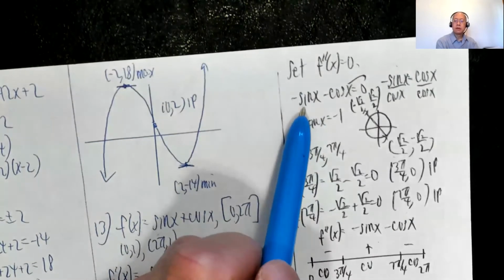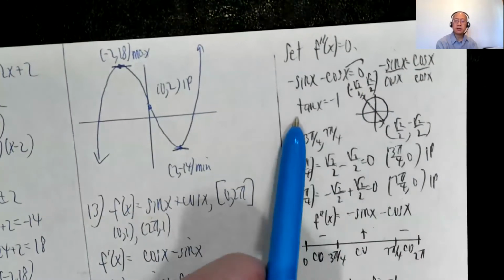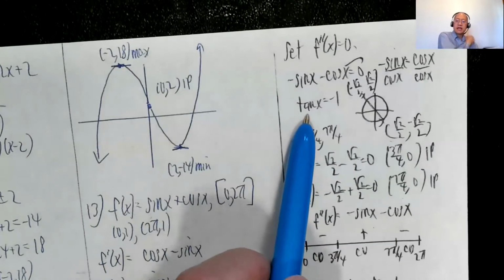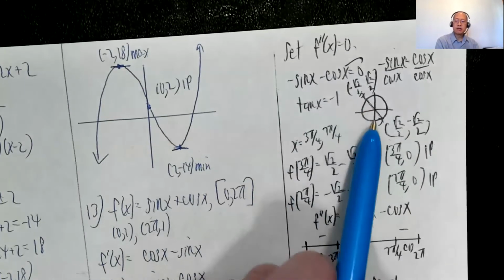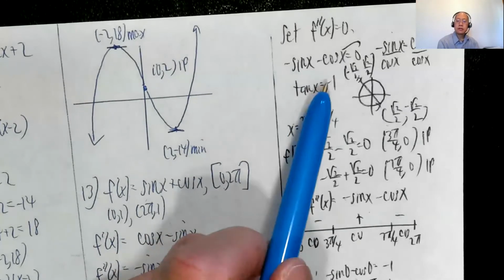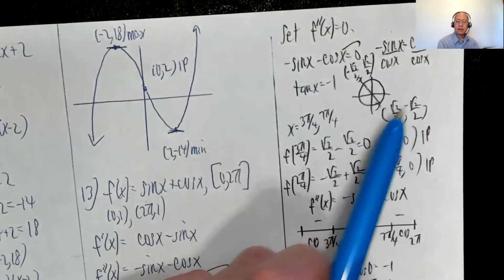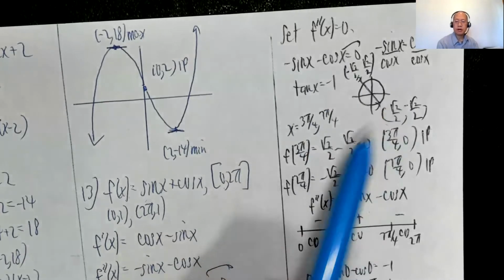All right, second derivative analysis. Set f double prime equal to 0. Move over to cosine, divide by cosine. I get tan x is -1. That's going to be 3 pi over 4 and 7 pi over 4. This is negative radical 2 over 2, radical 2 over 2. This is the same thing except positive for x and negative for y.